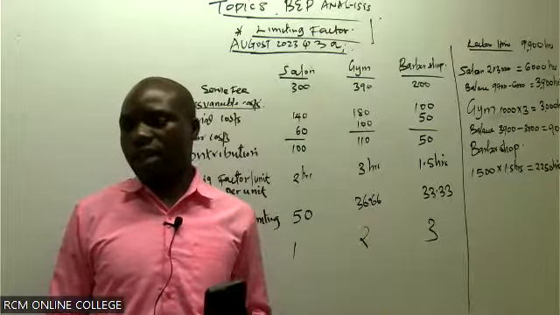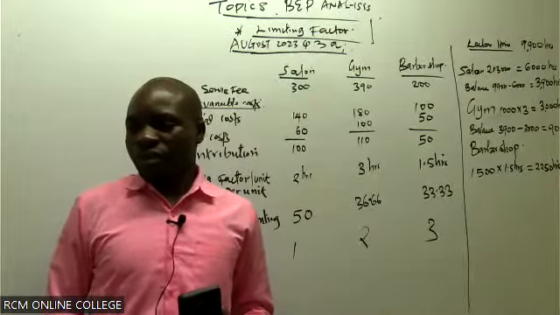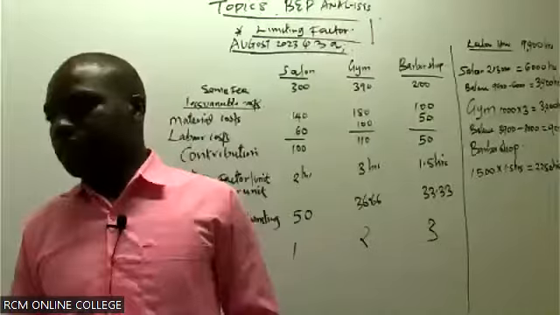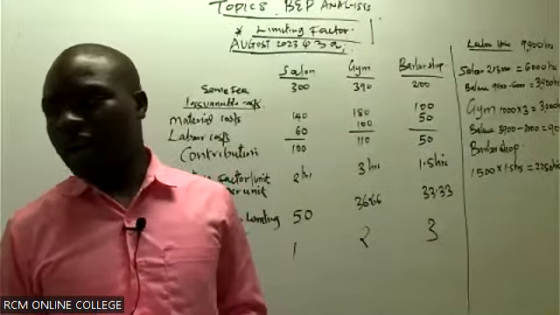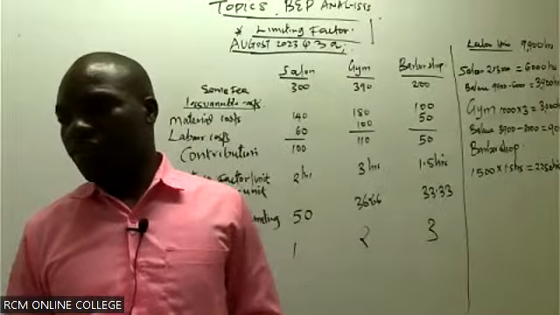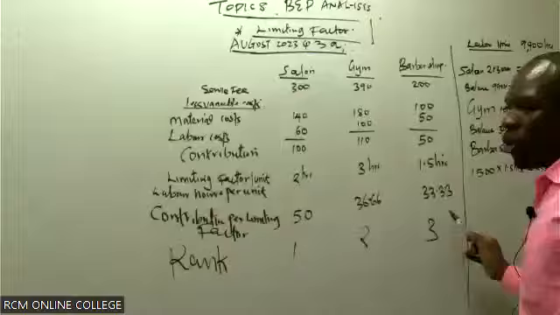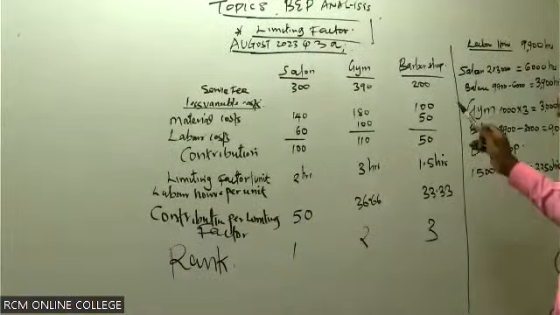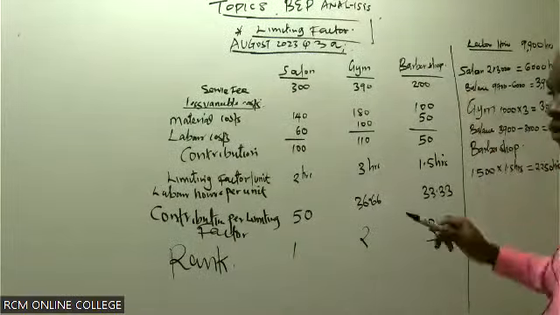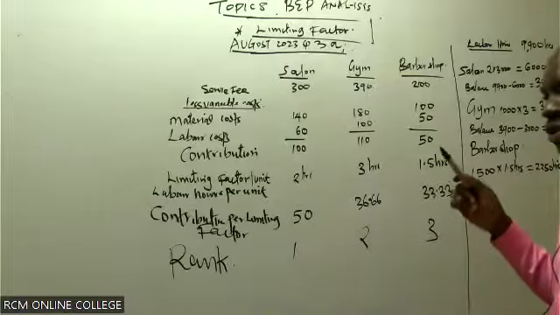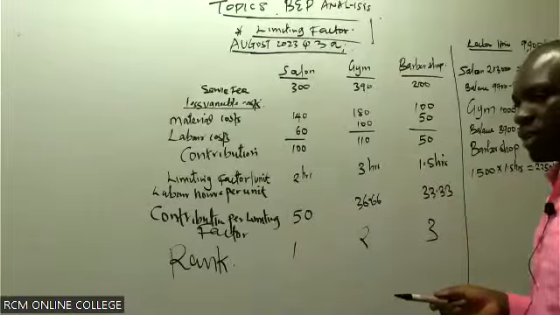Sasa tuko na shida gani hapo? Which problem do we have? We have a deficit. That deficit is what we call the shortfall. Please adjust the board.